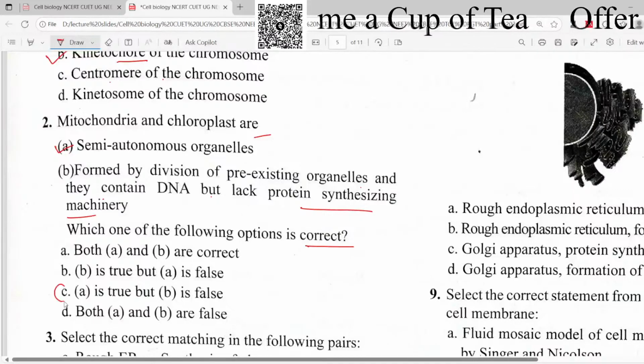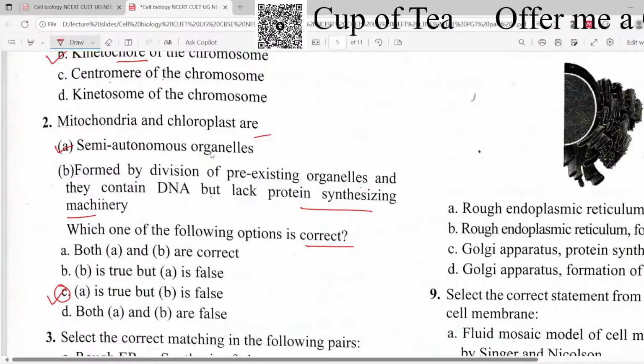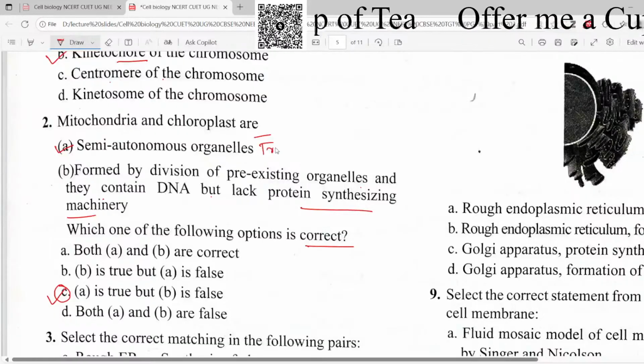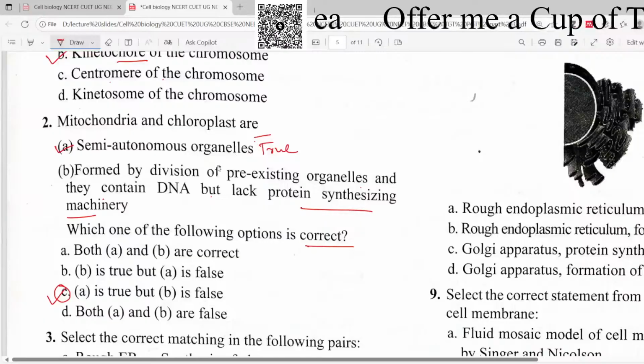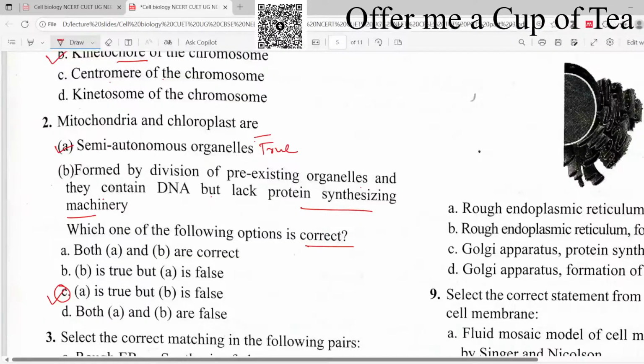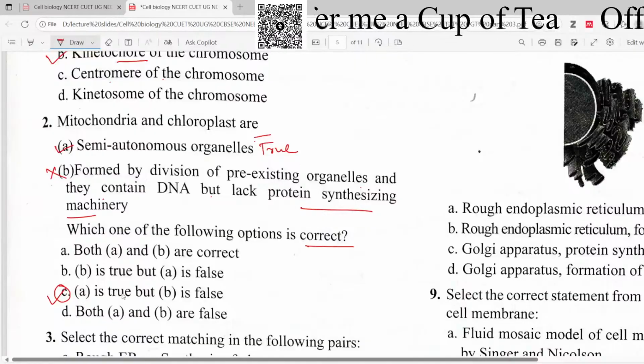The option C is the correct answer. A is true for both mitochondria and chloroplast, but B is not correct. So the option C is correct.